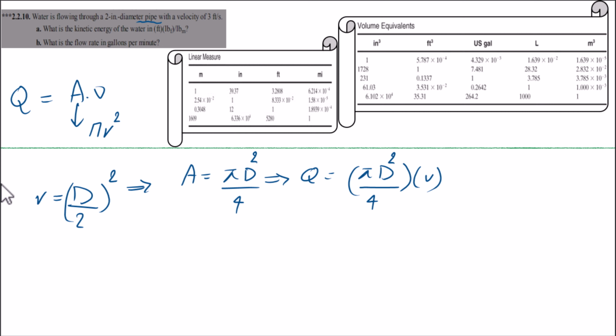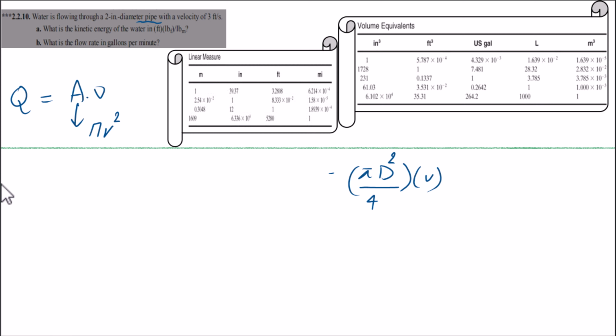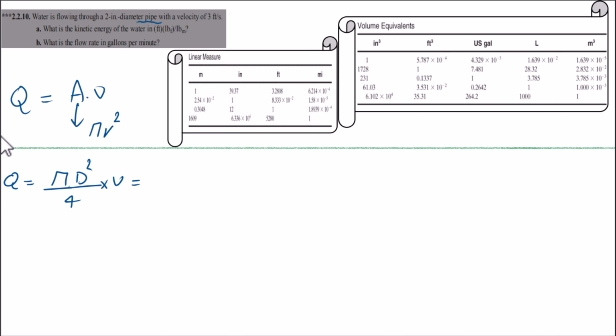Let me remove this part to have a free page for writing the answer. So Q equals pi D power 2 over 4 multiply V velocity.